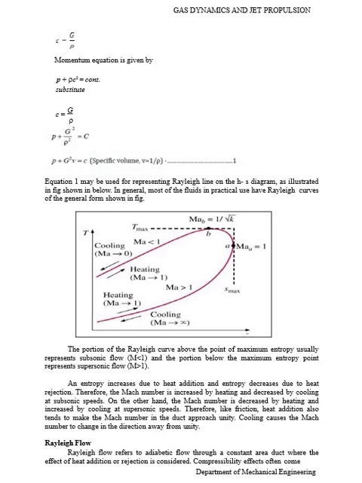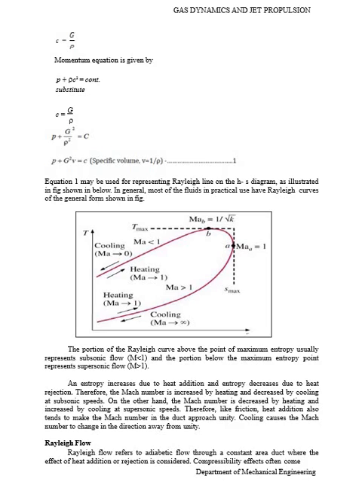Equation 1 may be used for representing the Rayleigh line on the Mollier diagram, as illustrated in the figure shown below. In general, most of the fluids in practical use have a Rayleigh curve of the general form shown in the figure. So this is the Rayleigh line on the Mollier diagram.